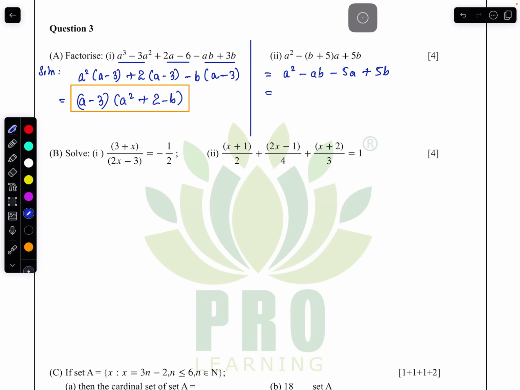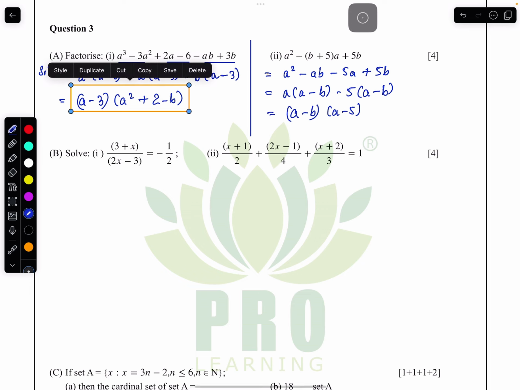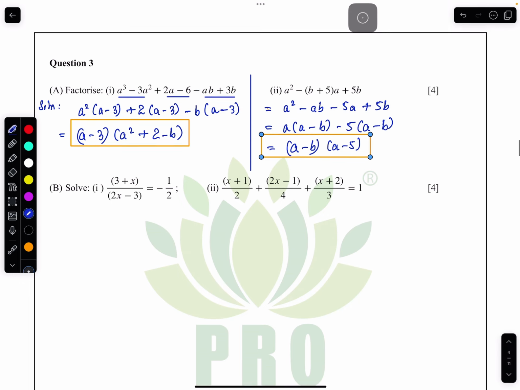So we continue solving this further. A is a common factor out, a minus b stays in. Minus 5 is a common factor out, a minus b stays in. So we have a minus b times a minus 5. So we have successfully factorized the second one as well. So our factorization is complete here.